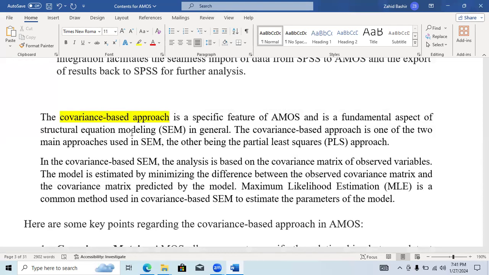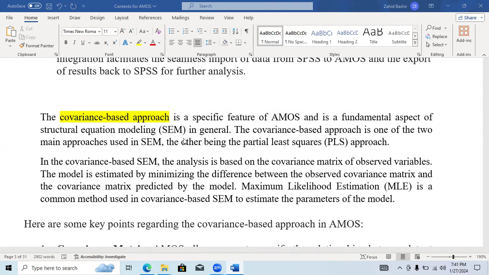You just need to draw your paths, your circles, constructs, your diagrams, and you can easily analyze your data. But in case of AMOS, first you need to understand what the covariance based approach is, because this is somewhat tricky where a lot of people could not understand with reference to AMOS.